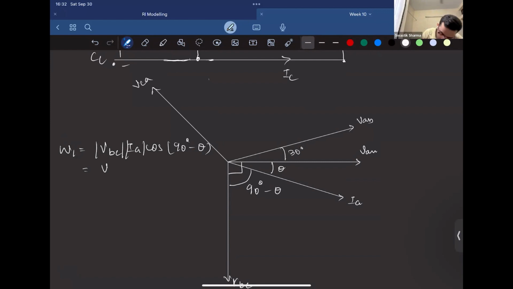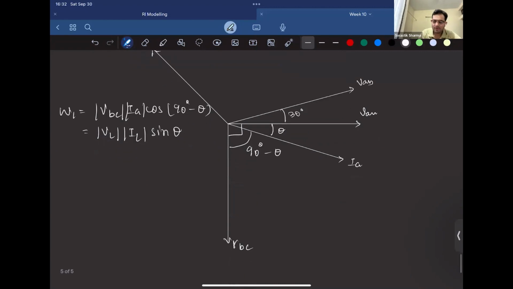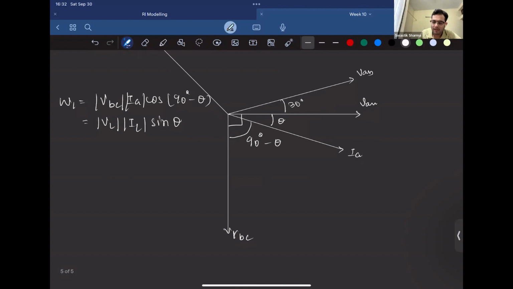These are all magnitudes, remember, which can be written as sine theta, right? So that means the wattmeter can be calibrated to calculate our reactive power, which is given by √3 times its reading, right?